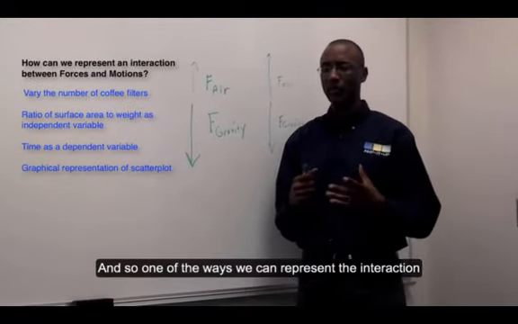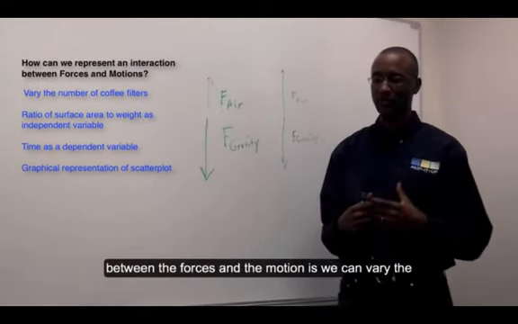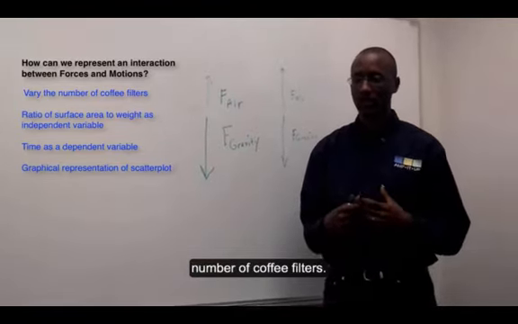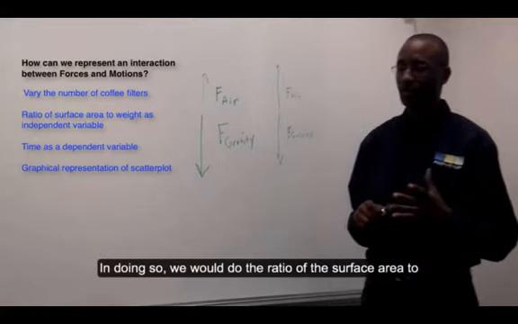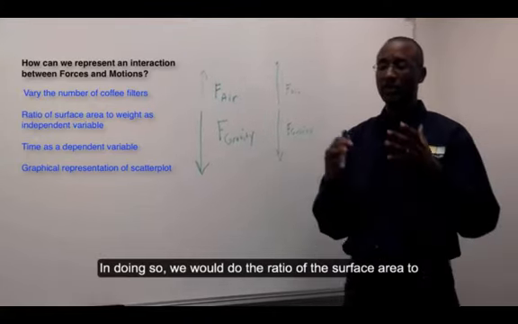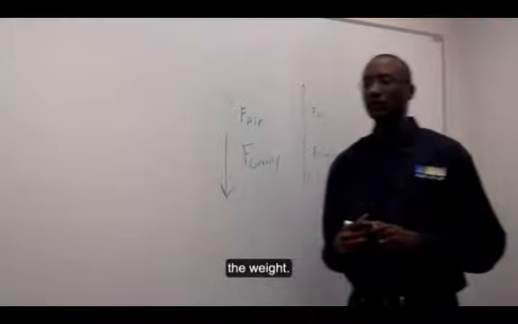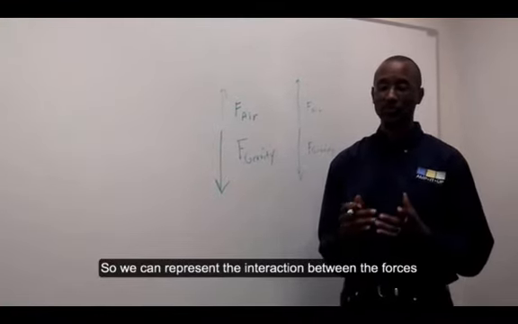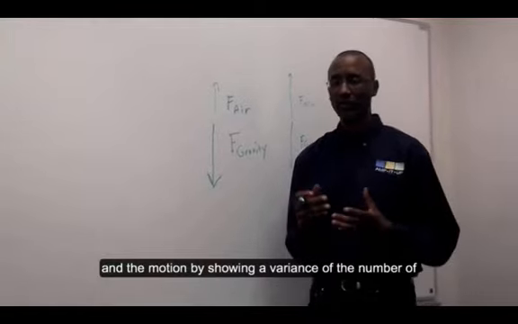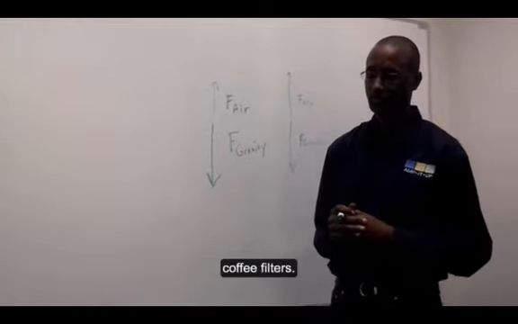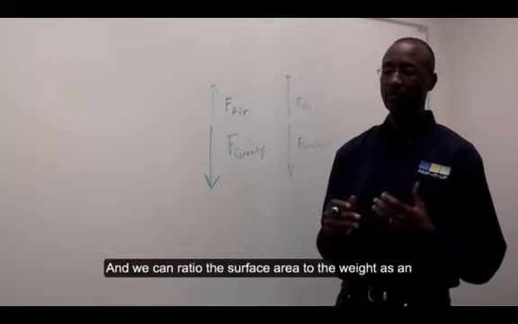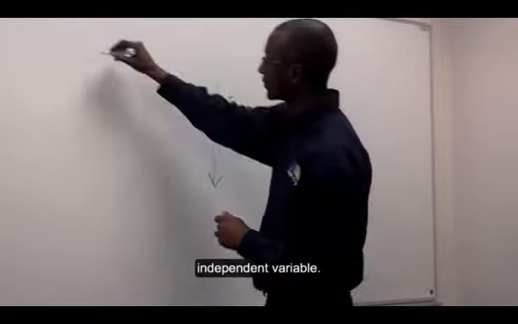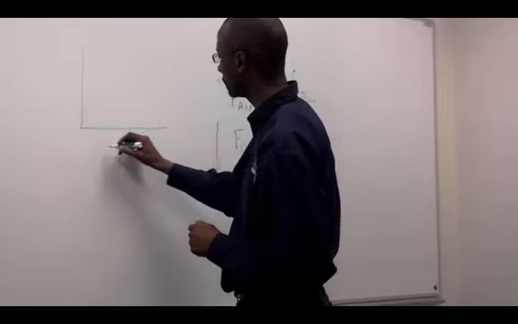And so one of the ways we can represent the interaction between the forces and the motion is we can vary the number of coffee filters. In doing so, we would do the ratio of the surface area to the weight. So we can represent the interaction between the forces and the motion by showing a variance of the number of coffee filters, and we can use the ratio of the surface area to the weight as an independent variable.